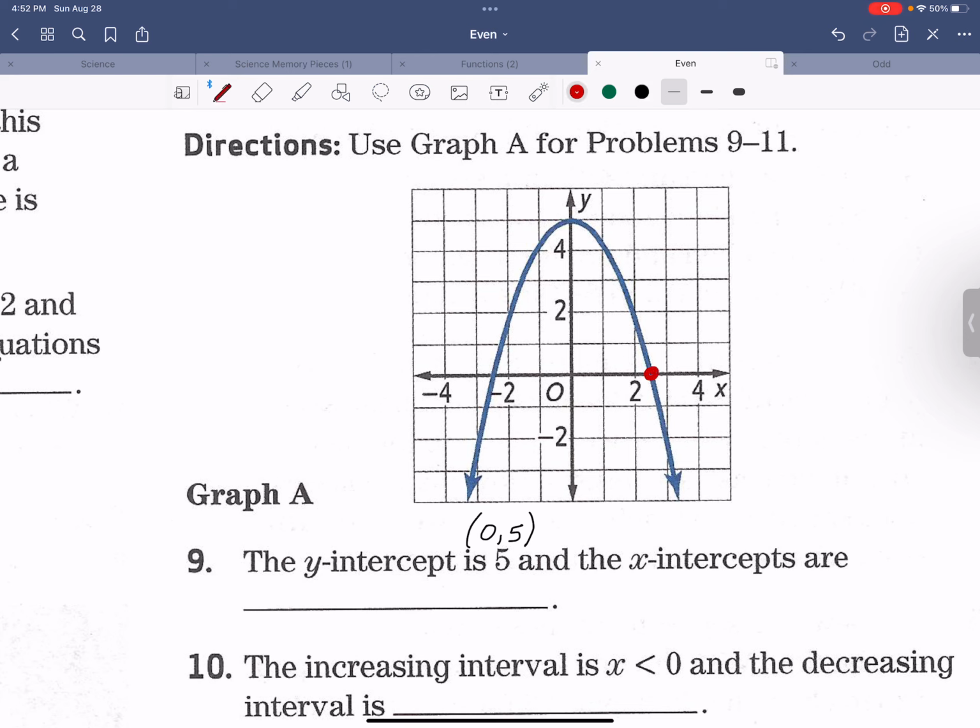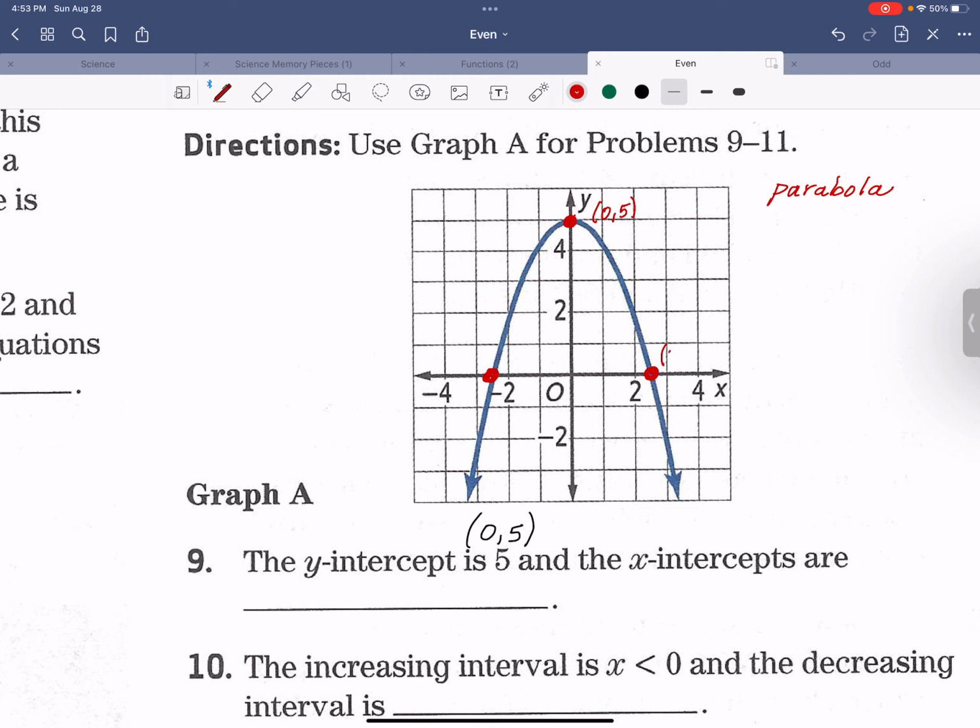That just means where does it cross the x-axis. This is not a linear function. This is a parabola. That's what the name of that graph is, and we'll learn more about those in the next chapter. But a parabola is that U-shape graph. So it crosses the y-axis at 0, 5. It crosses the x-axis in 2 places.